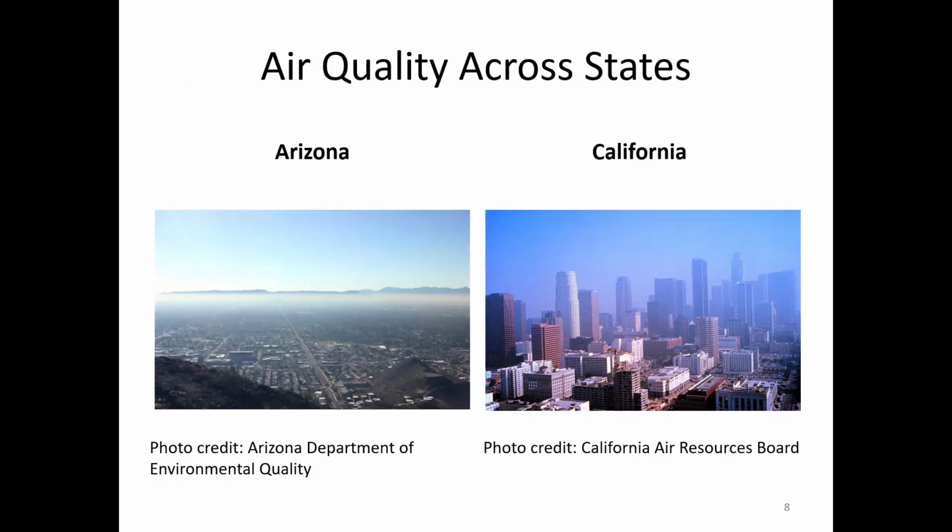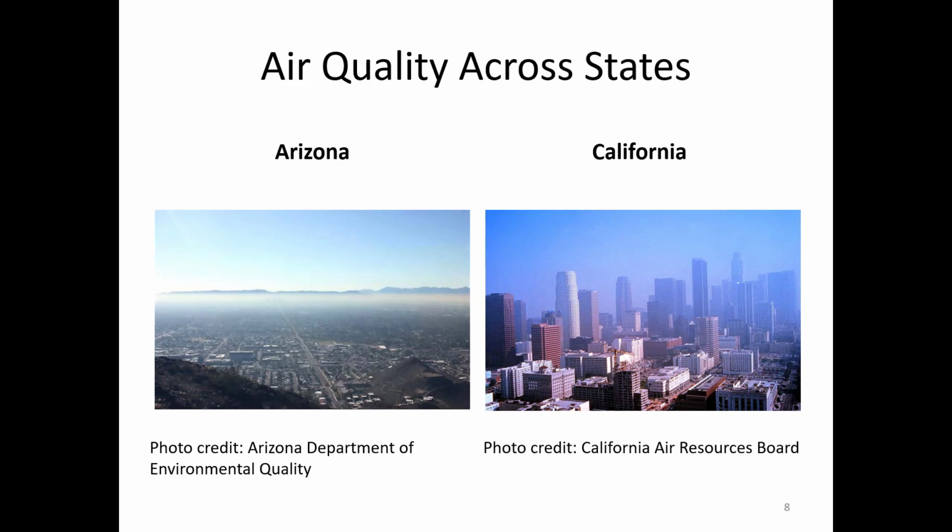And we're going to think about and examine air quality across states. Just looking at two states because we're doing a two independent sample test, at one point in time.